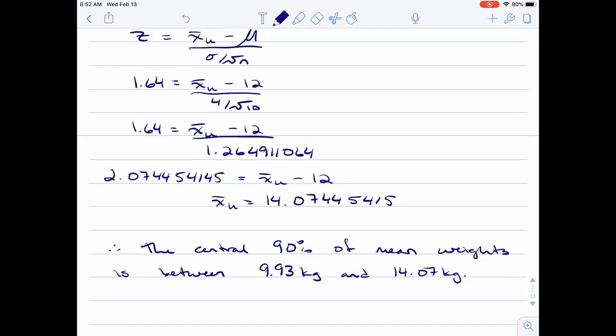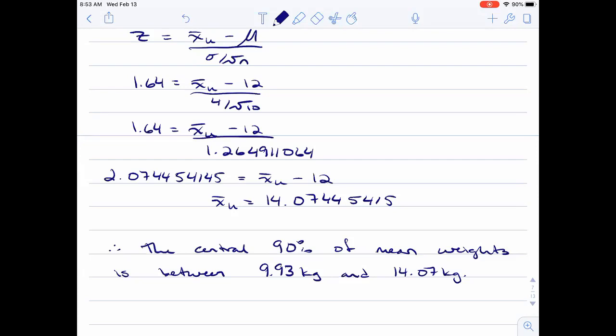So what I said before was that even if it doesn't say that something follows a normal distribution, we can still assume that it does. And what I'm introducing there is the central limit theorem. The central limit theorem says that if you're talking about a mean, as long as the sample size is large enough, the mean will follow a normal distribution regardless of where you took this mean from.